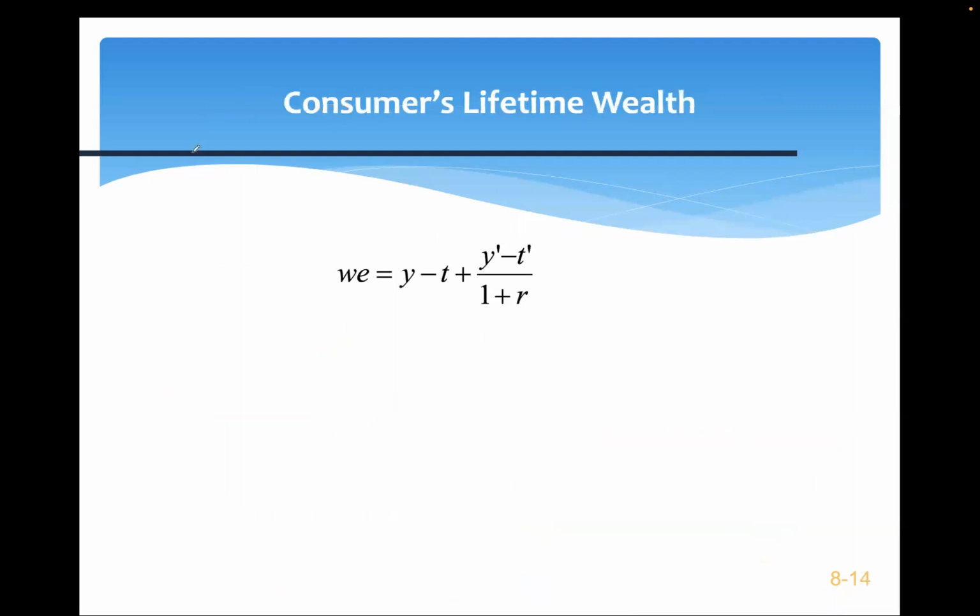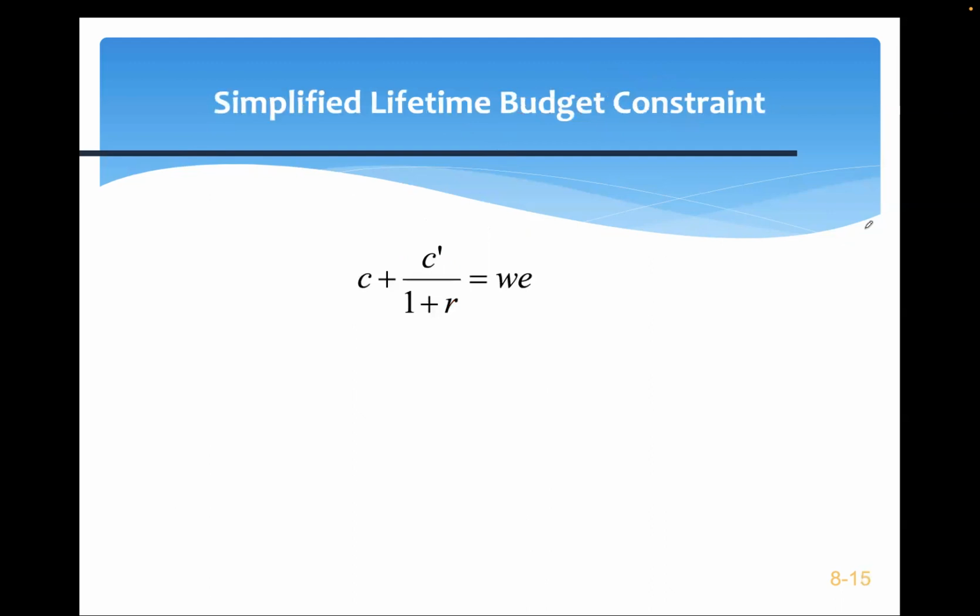Right, so if we define the right-hand side as W, this W is wealth. This stands for wealth, and this is lifetime wealth, right? This is your current wealth plus your future wealth multiplied by the price, so in terms of today's price. That is going to give you the lifetime wealth of the consumer. And then we can rewrite this equation as follows.